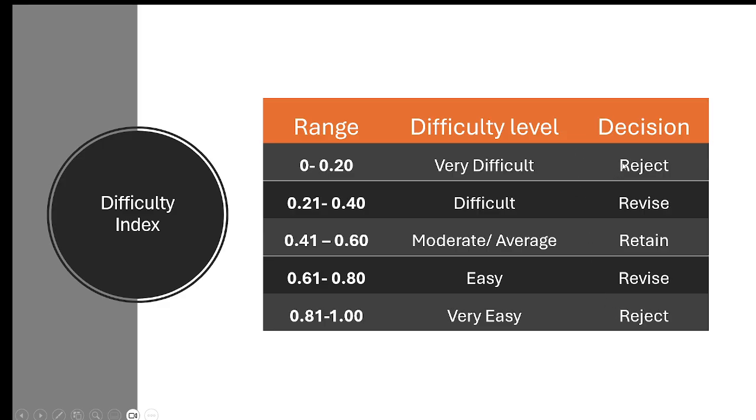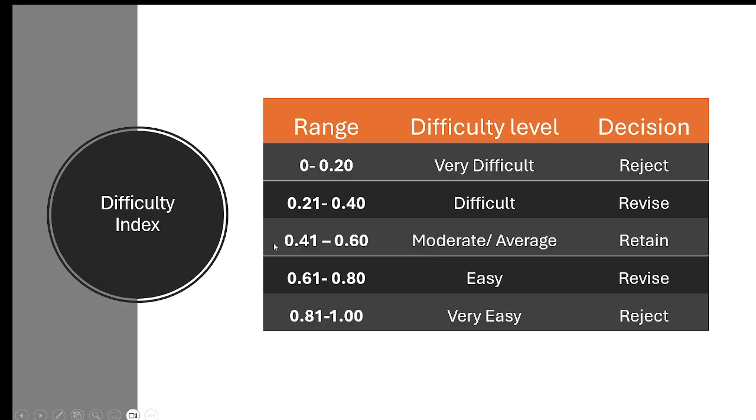If the item that he has constructed is very difficult, or if it lies between 0.00 to 0.20, then the item will be rejected. If it lies between 0.21 to 0.40, the item he has constructed has to be revised. That is, he has to go through the grammatical corrections or the terminologies or vocabulary that has been used in that item and refine it.